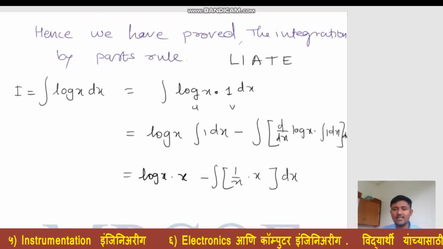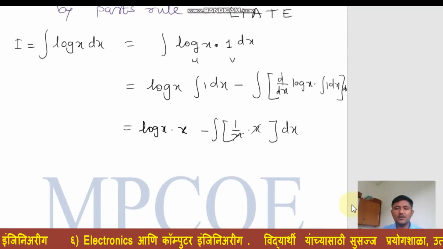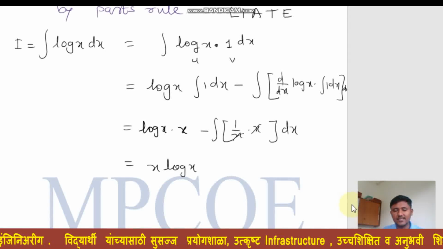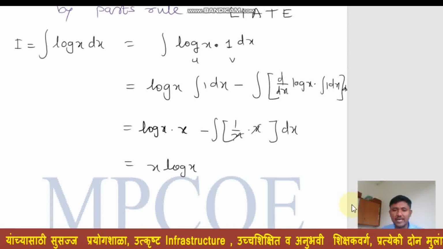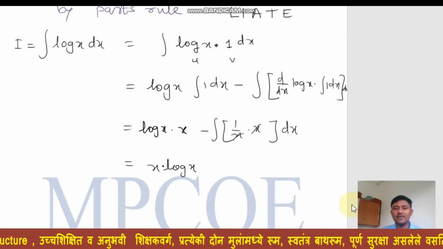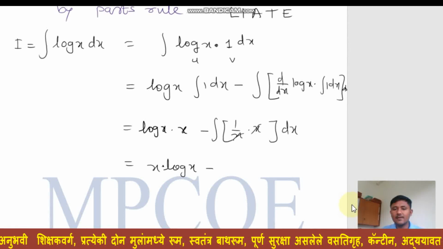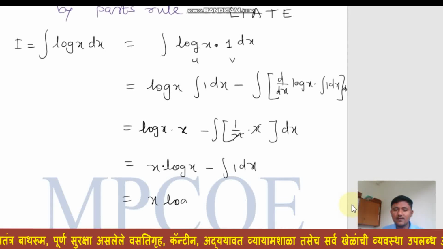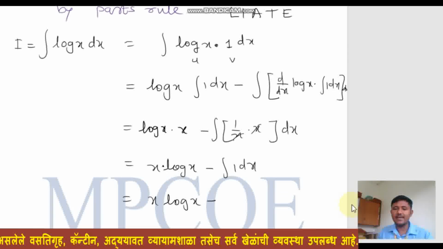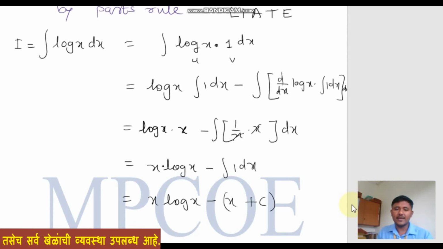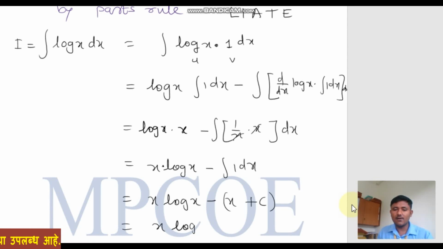Now we will cancel this x with this one. So we arrived at x into log x, because log x into x is a product, and in a product we may choose x to the left of log x. So this can be written as x into log of x minus integral 1 dx, and that is equal to x log x minus x plus c, or we can write it as x log x minus x minus c.